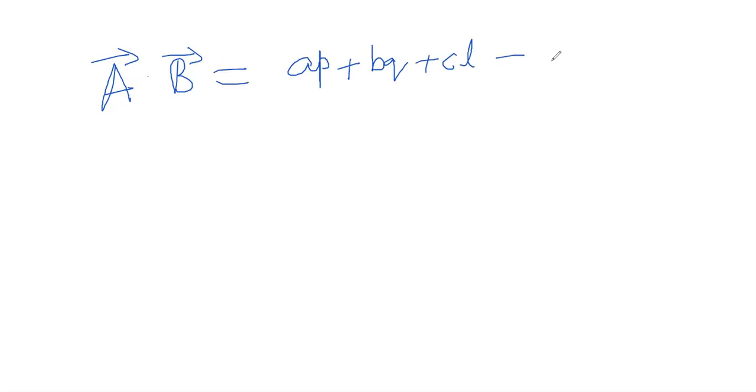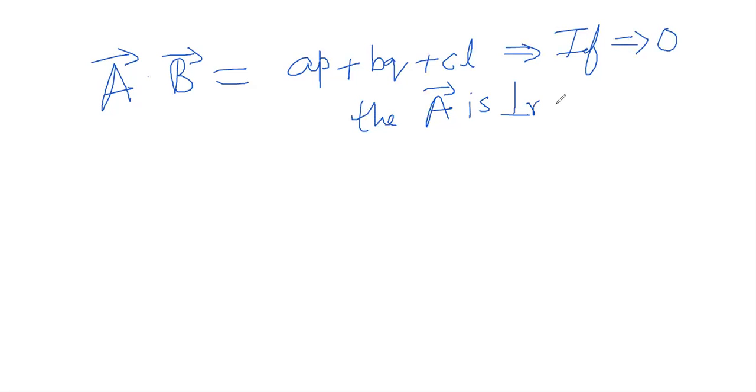If that answer equals 0, then A bar is perpendicular to B bar.